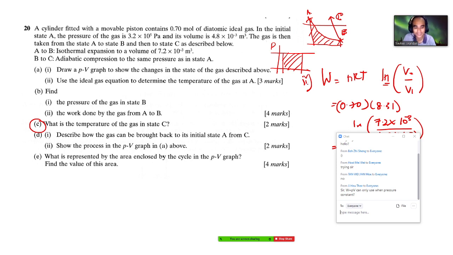Yes, you are correct. This is the PV graph, and P is constant, so the area on the graph is a rectangle. So P times V is the area on the graph. But if we have a curve graph, in this case, we have to use the ln V2 over V1. Okay, Jihao?